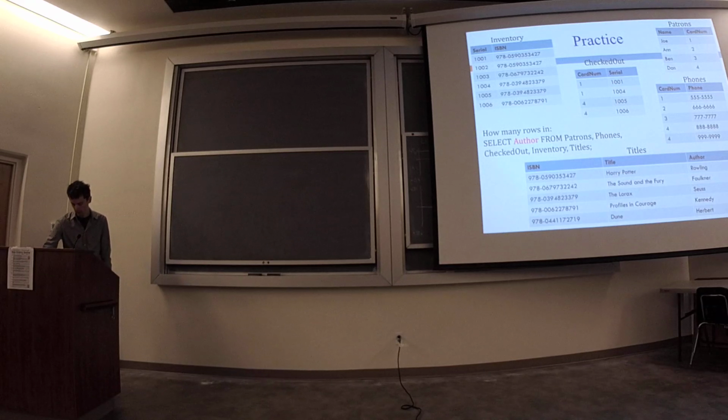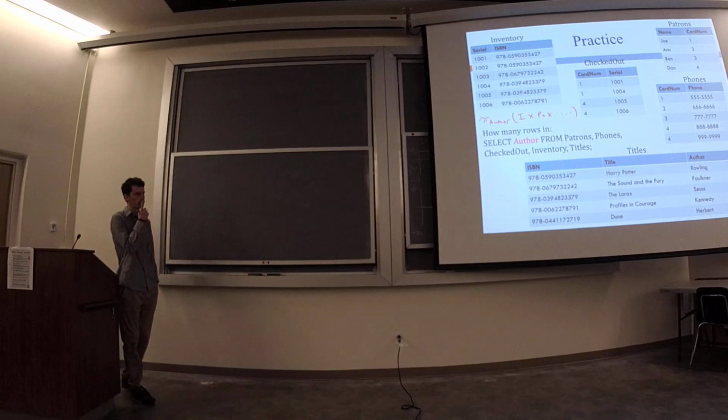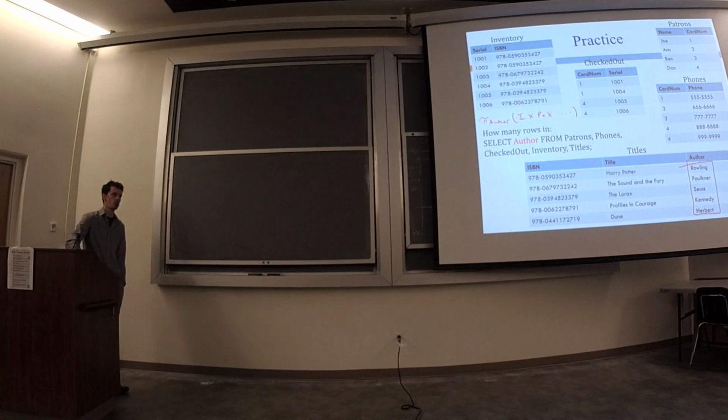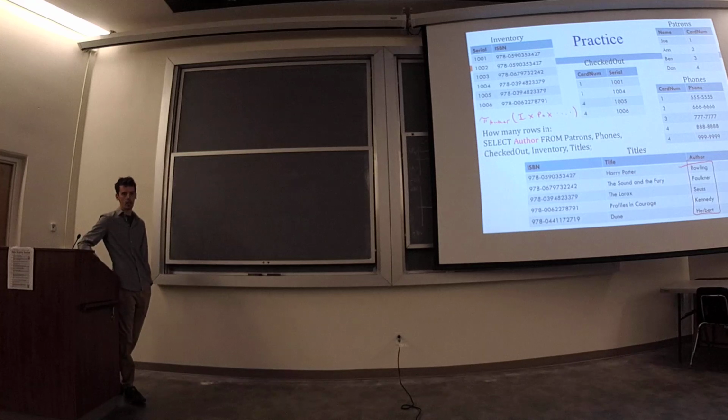What if my query was project author out of inventory cross patrons cross all that stuff? What's the answer? 5 authors. Relational algebra always results in a relation, a true relation, which means no duplicates.